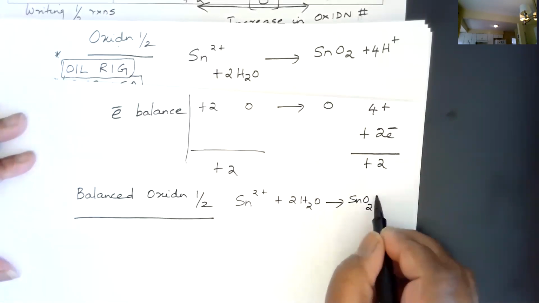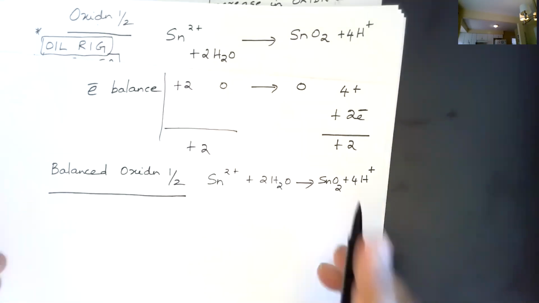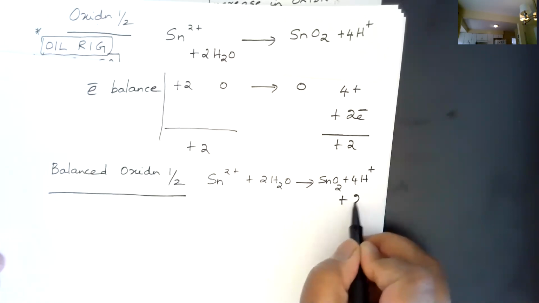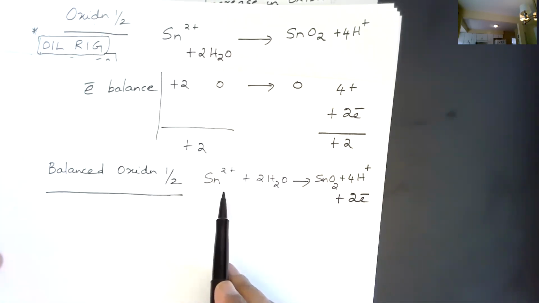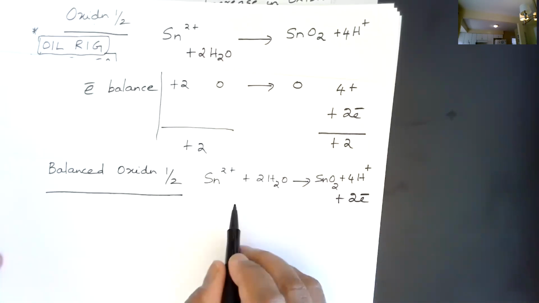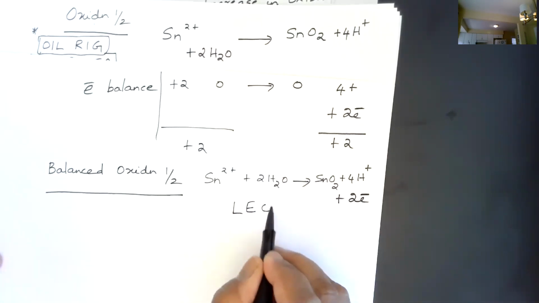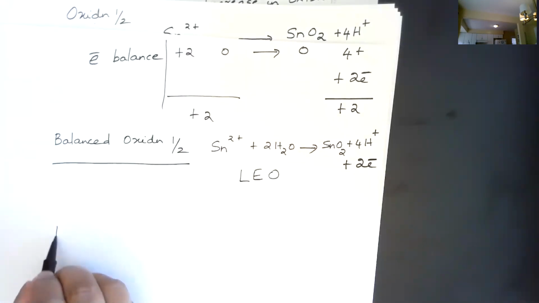After I finish this, I'll go back and continue with the voltaic cells. I've added 2 electrons here. Okay, again, like Francis said, oxidation is loss of electrons, or loss of electrons is oxidation. Now, can you give me a balanced reduction half reaction?